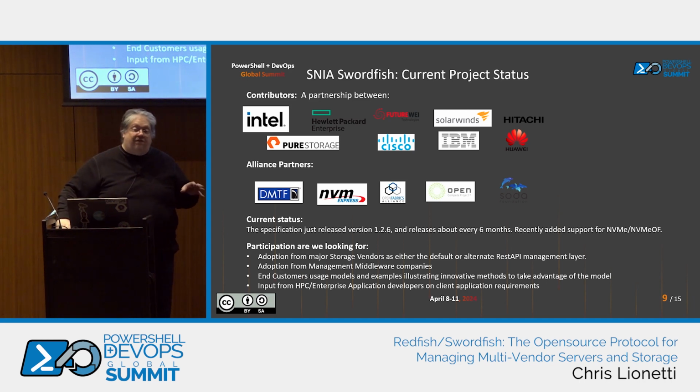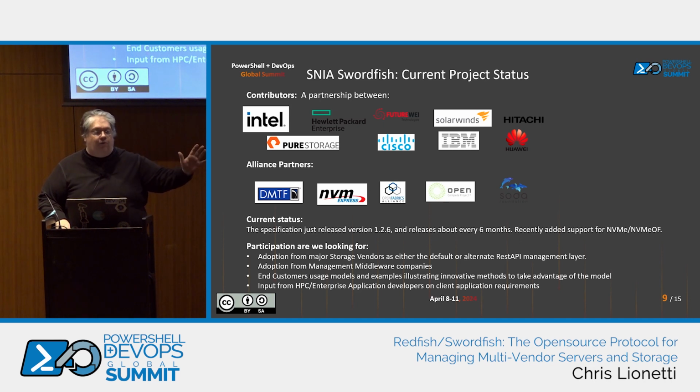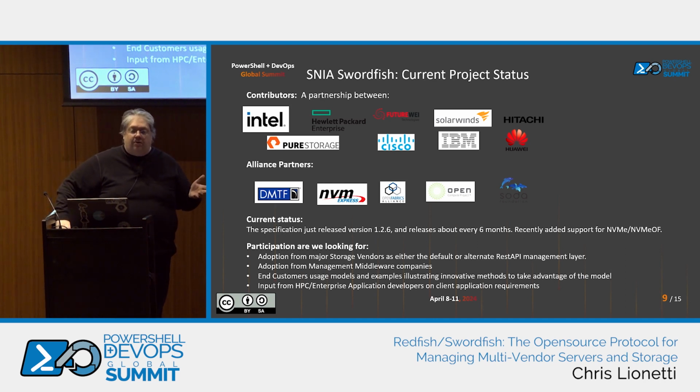And in fact, Swordfish and Redfish are the same protocol. To get to a Swordfish endpoint, you actually go to redfish/v1 and you simply have the exact same Redfish model you're used to, but we've added a couple folders. What folders would you need to add to support enterprise storage? Well, you need storage pools, because when you do large-scale arrays, you're going to be making these pools that have thousands of volumes in them.